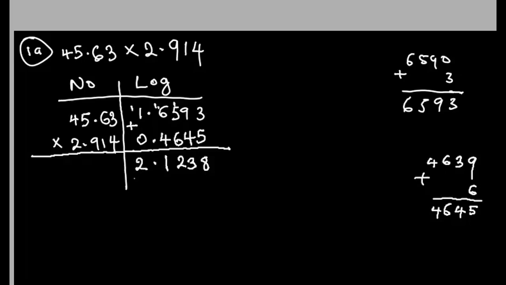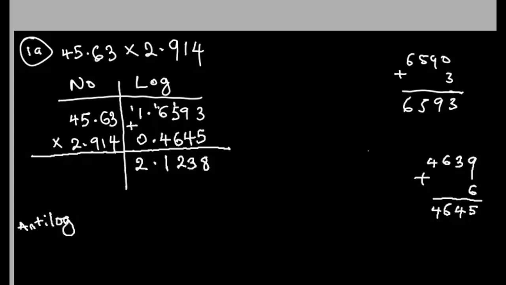Now, having done this, to get our final answer, we need to get the antilog of this value, 2.1238.